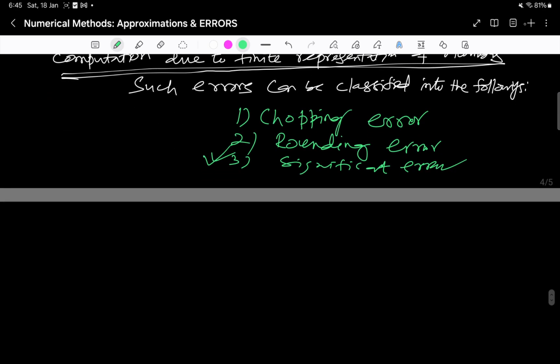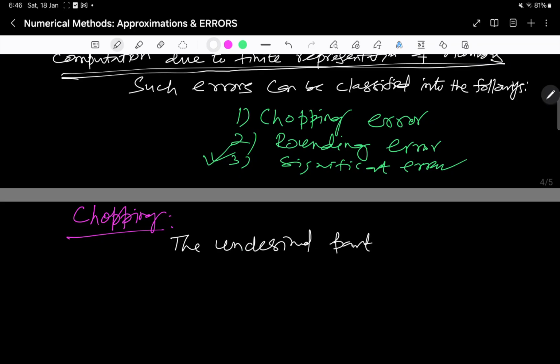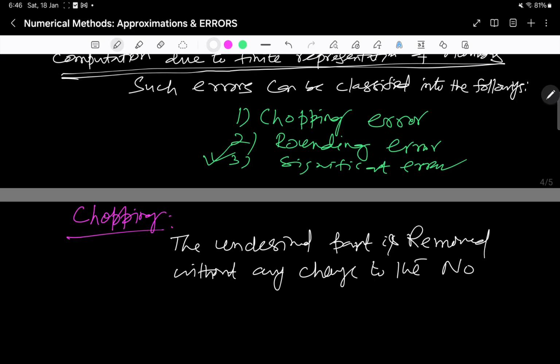Now coming to chopping. In chopping, what will happen? The undesired part is removed without any change to the number. Suppose the numbers we are writing are 0.d1, d2, d3 up to dn, dn plus 1 and so on. Suppose we want to keep it up to dn.